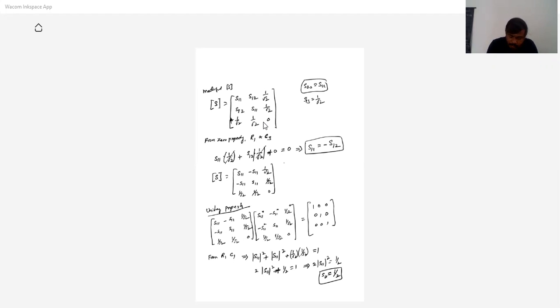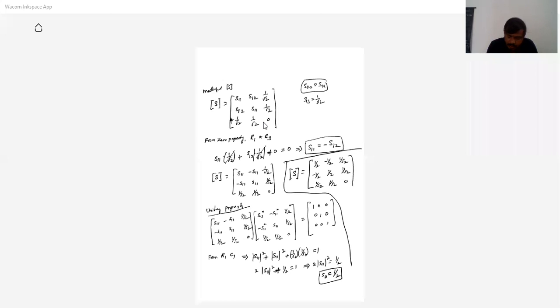So now I'm writing here, there is no space. The final S matrix is: S11 is 1 by 2, then minus 1 by 2, 1 by root 2; minus 1 by 2, 1 by 2, 1 by root 2; 1 by root 2, 1 by root 2, 0.